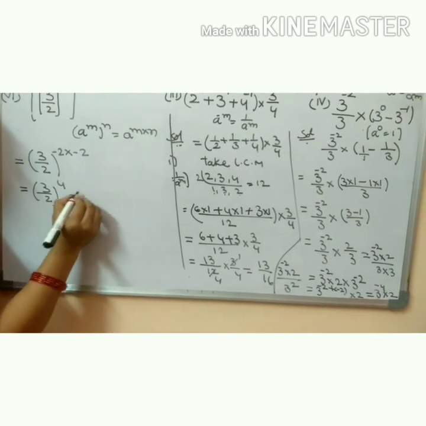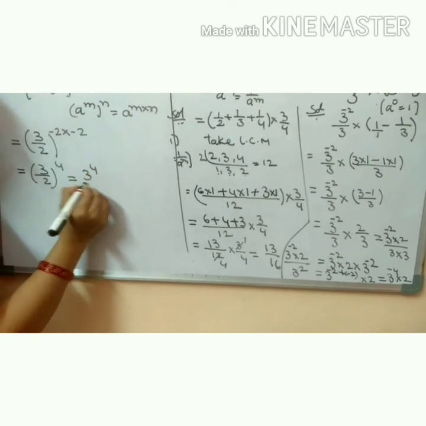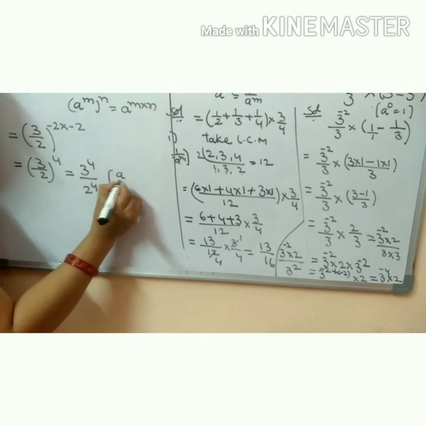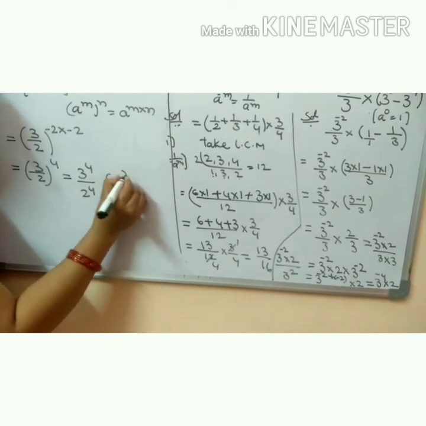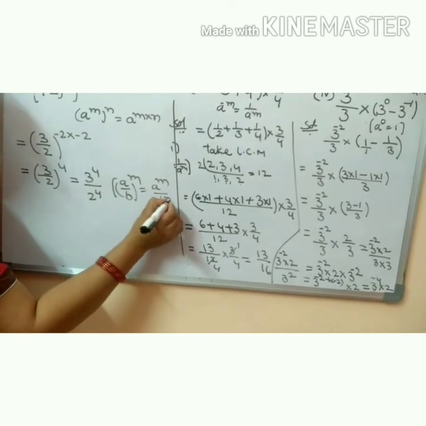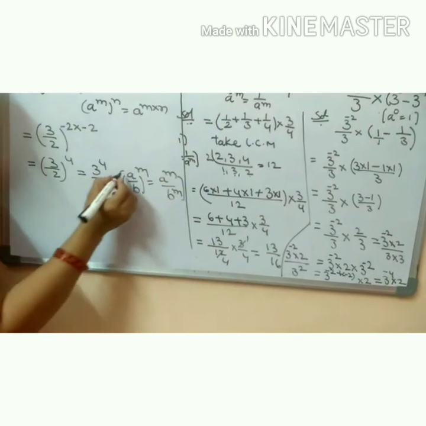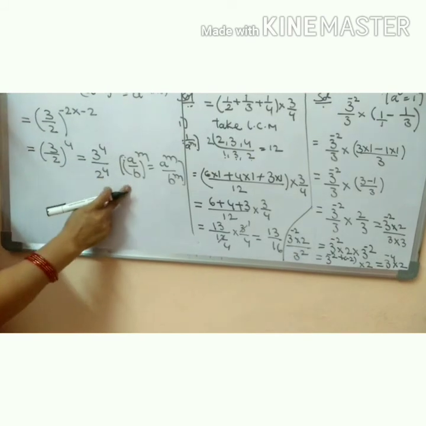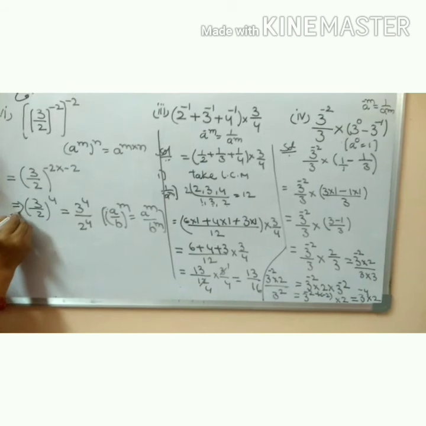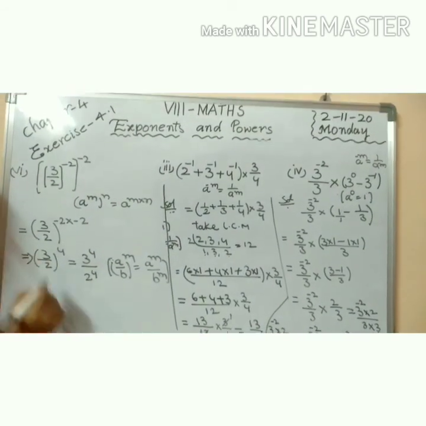So write here 3^4 / 2^4, because the formula for (a/b)^m is equal to a^m / b^m, using the laws of exponents.